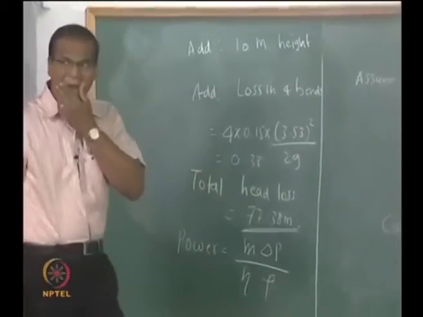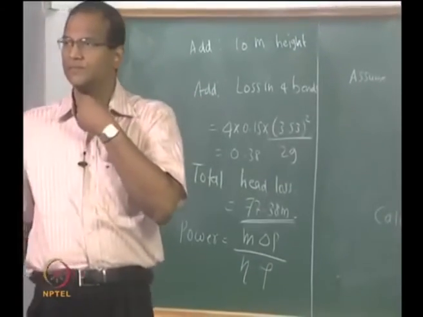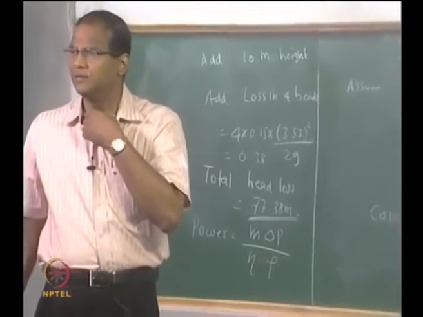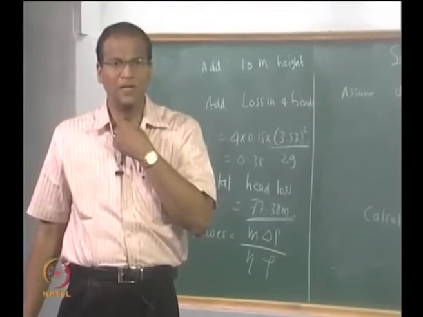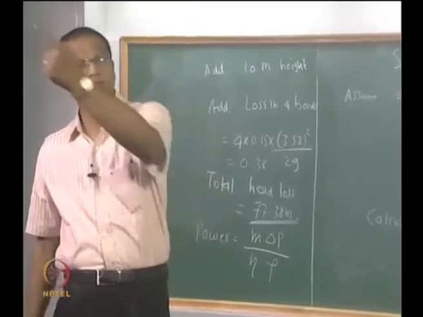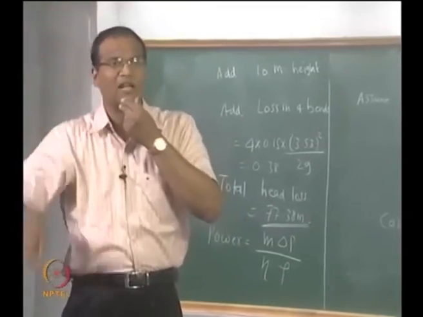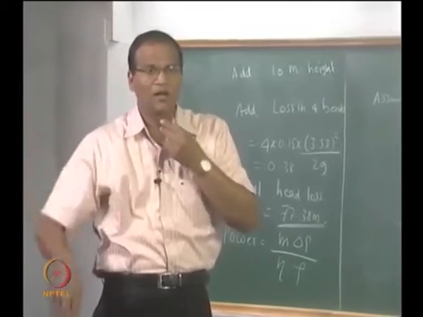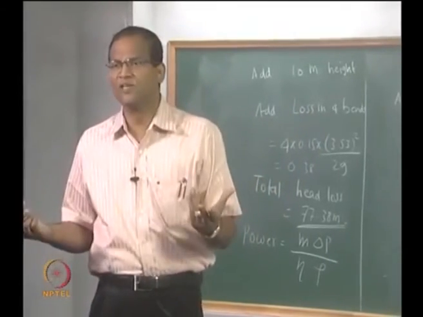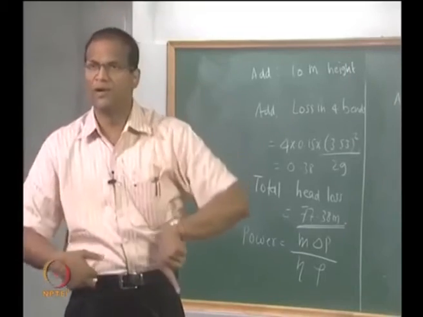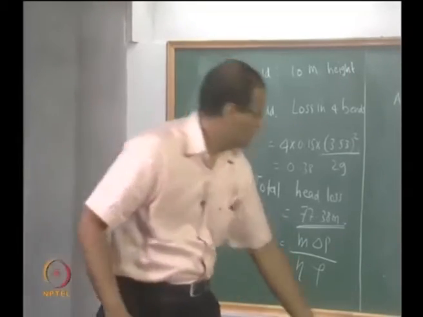It will be q delta p, right? It will be q delta p, meter cube per second into Newton per meter square, Newton meter per second, joule per second will be watt. Eta, no pump will work at 100% efficiency, therefore eta has to come in the denominator. Okay?